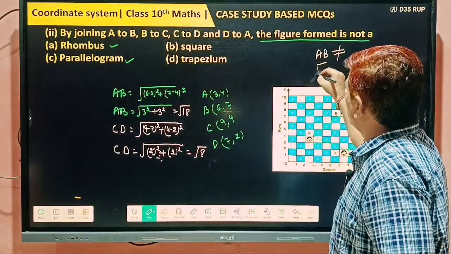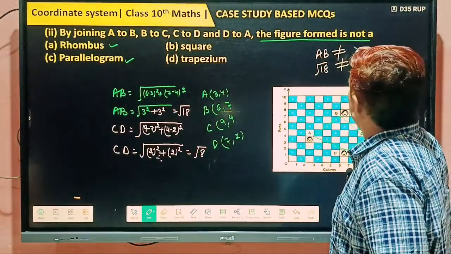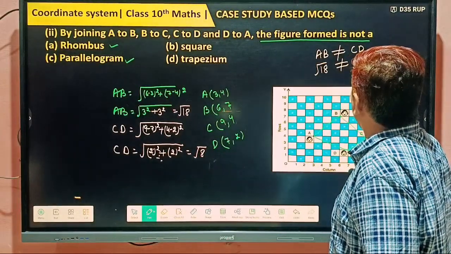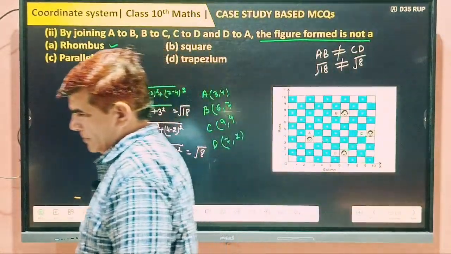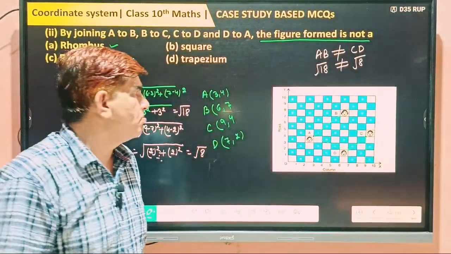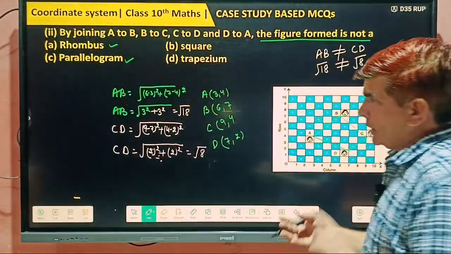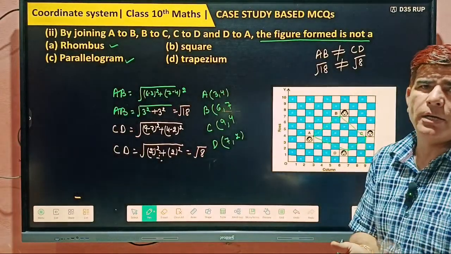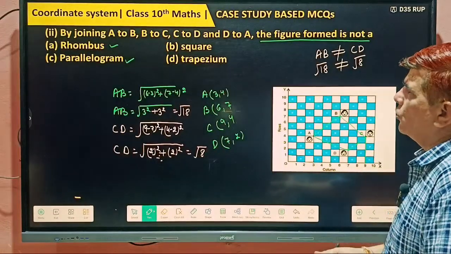AB equal to how much? Under root 18, and this is not equal to CD, meaning under root 8. So what we can say? According to me, we can say it is not a square, it is not a rhombus, it is not a parallelogram.